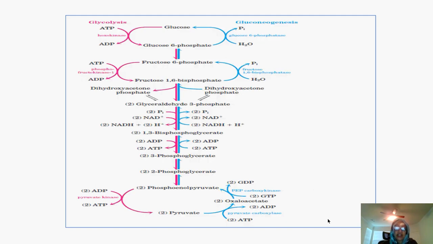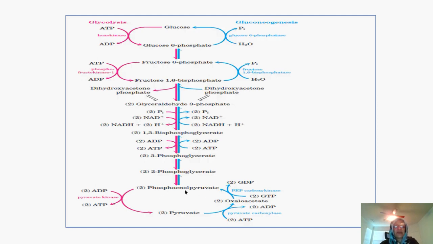So high energy, low glucose content. That's the opposite of glycolysis. Glycolysis can take place when we have high glucose, low energy, because we use it to produce energy. Here, to synthesize glucose, we need energy, and we have to be in a low glucose state. Blood glucose level is low, then we synthesize glucose.